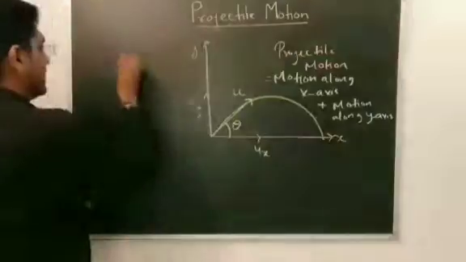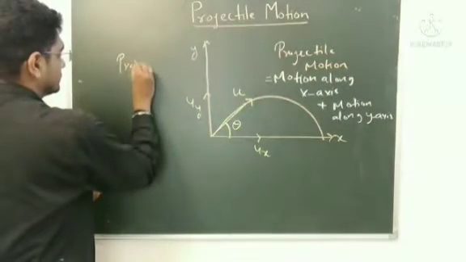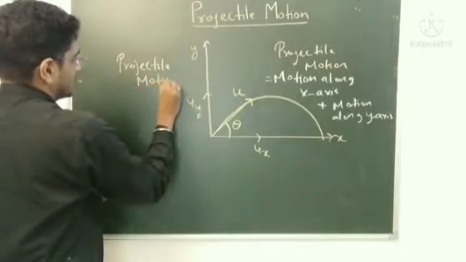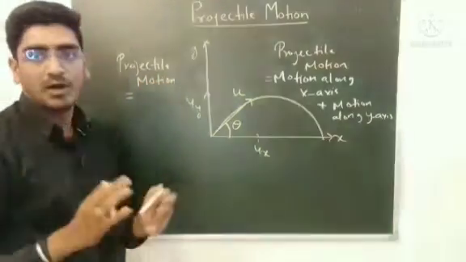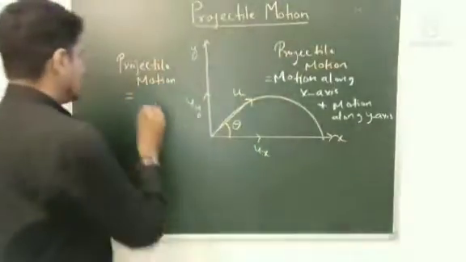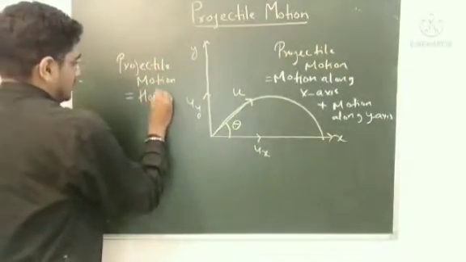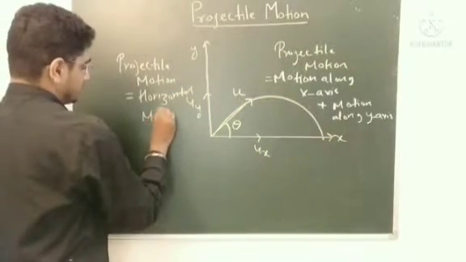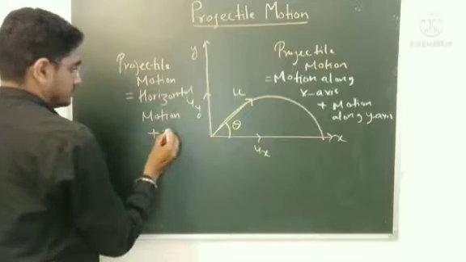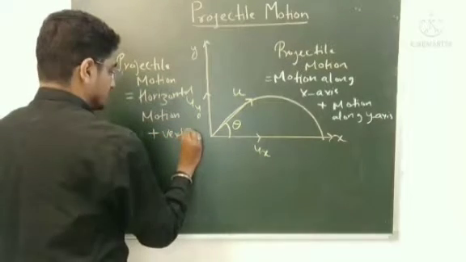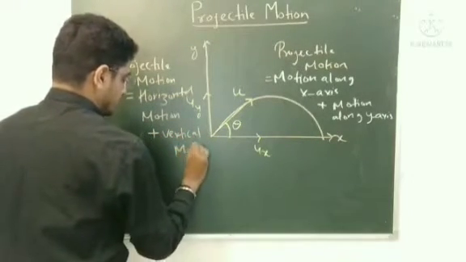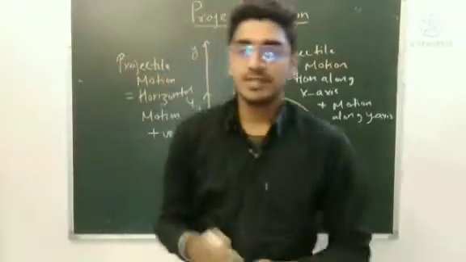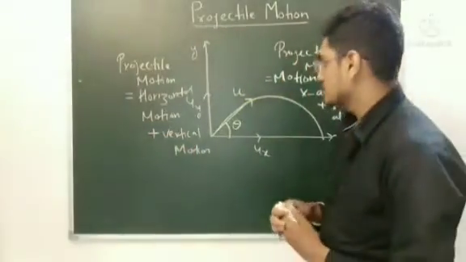Or we can simply say that projectile motion means horizontal motion plus vertical motion. So projectile motion means horizontal motion plus vertical motion.